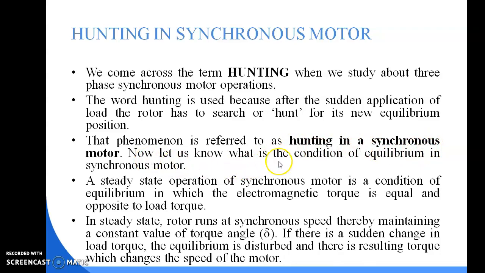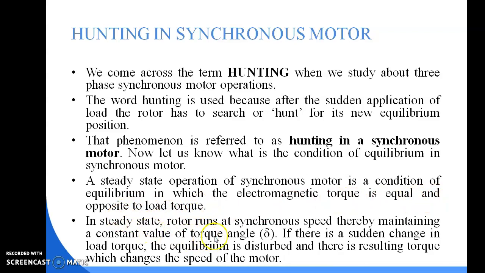Now let us know what is the condition of equilibrium in case of synchronous motor. A steady state operation of synchronous motor is a condition of equilibrium in which the electromagnetic torque is equal and opposite to the load torque.